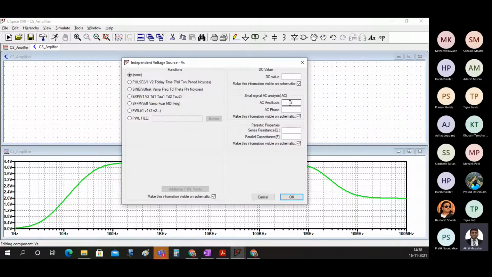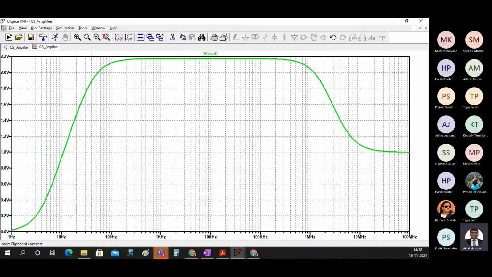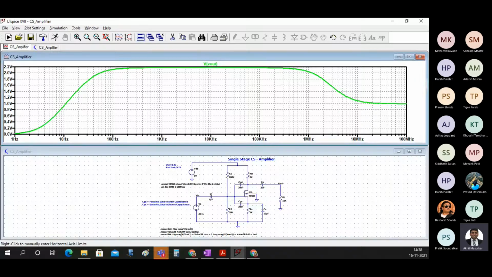That is why most of the time we keep this as 1. Yes, we should try all options and see. Okay, I want to see the linear scale also. Yes, correct.